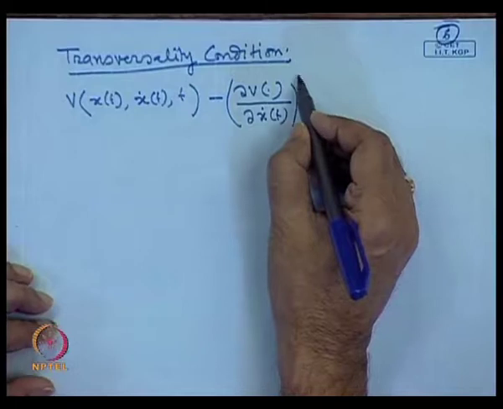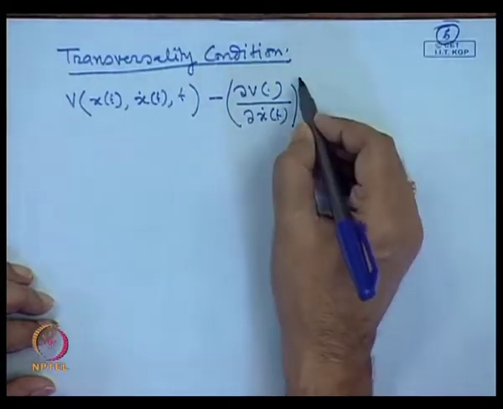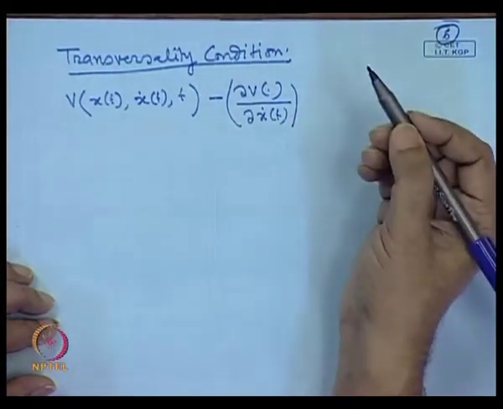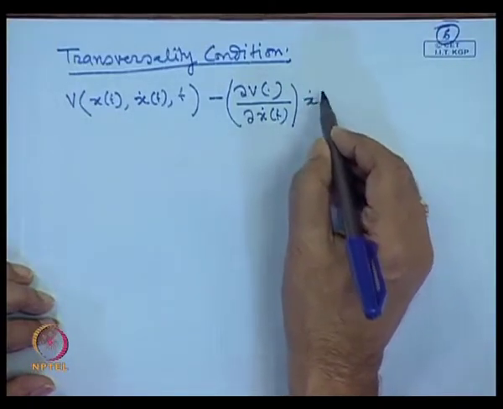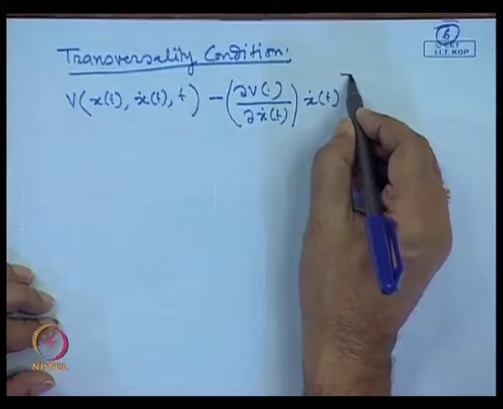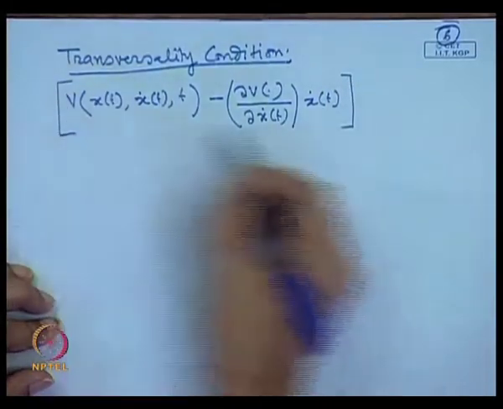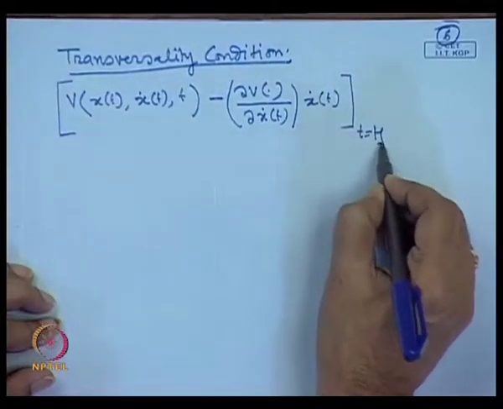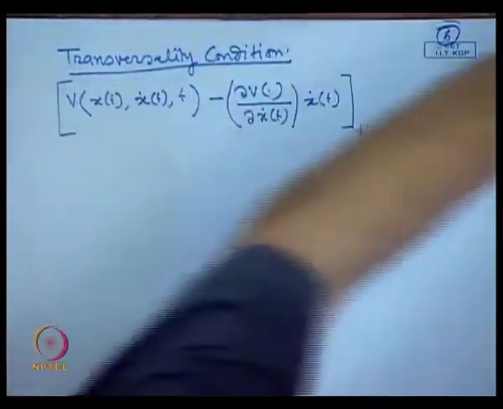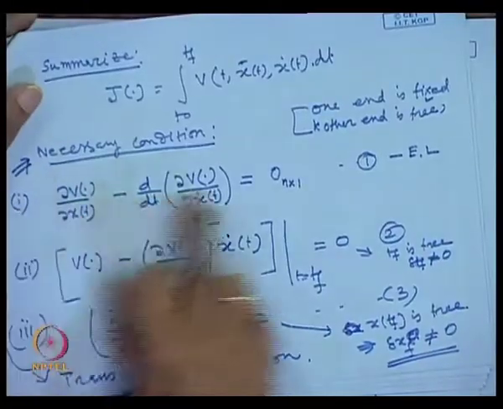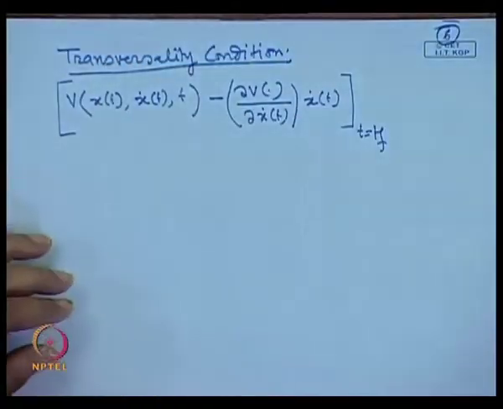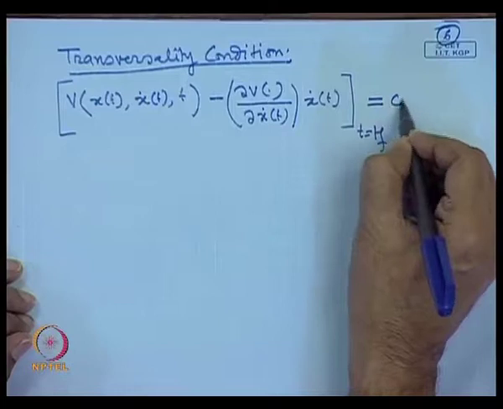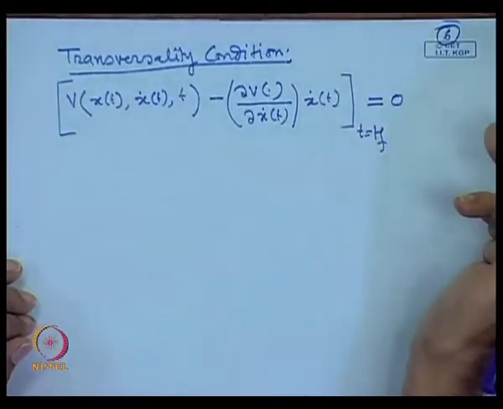I should write the transpose if x is a vector, but it is a scalar, so it is not necessary. But do not forget to compute this at t is equal to T f. You have to put t is equal to T f in the transversality condition, unlike Euler's equation. So, do not forget to write t is equal to T f when T f is free.